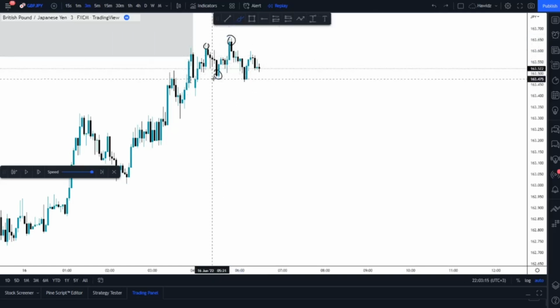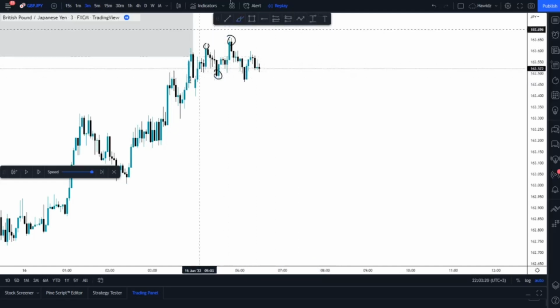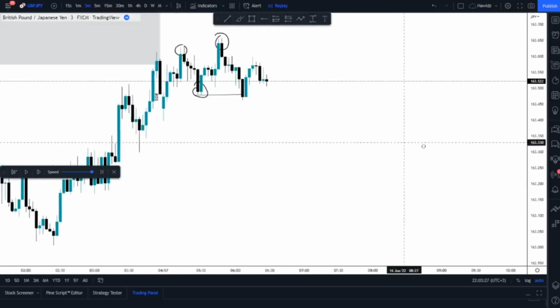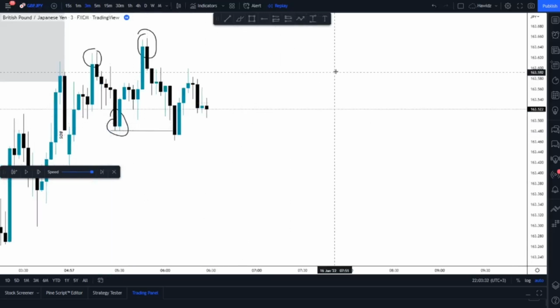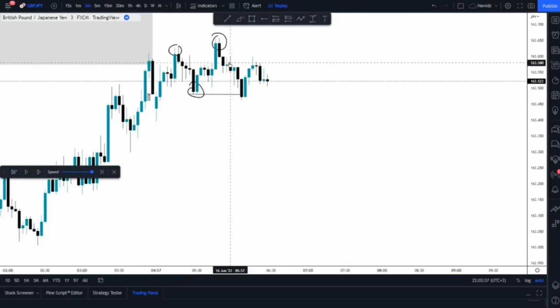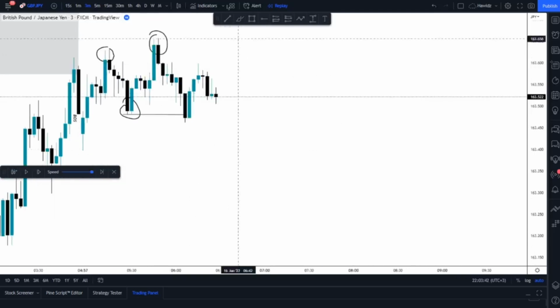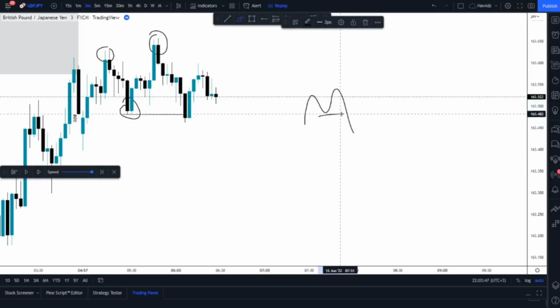Now with the break, let me use the line to be more precise. So there we have it. And as you can see, guys, this is crystal clear, right? So there's your break. Now with this break low, it means that price is going to retrace into a certain area, the same thing that I talked about, right?